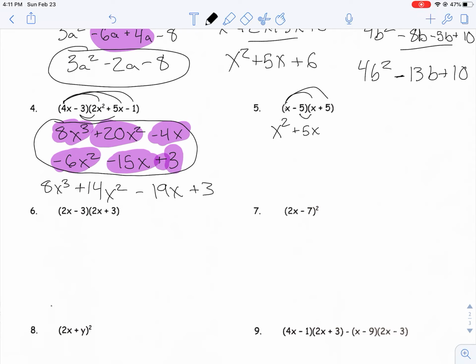Our inside terms are negative 5 and x. Negative 5 times x is negative 5x. And our last terms are negative 25. Well, what I see here is that we have a positive 5x and a negative 5x, so those are actually just going to cancel out. And this is what we're left with.